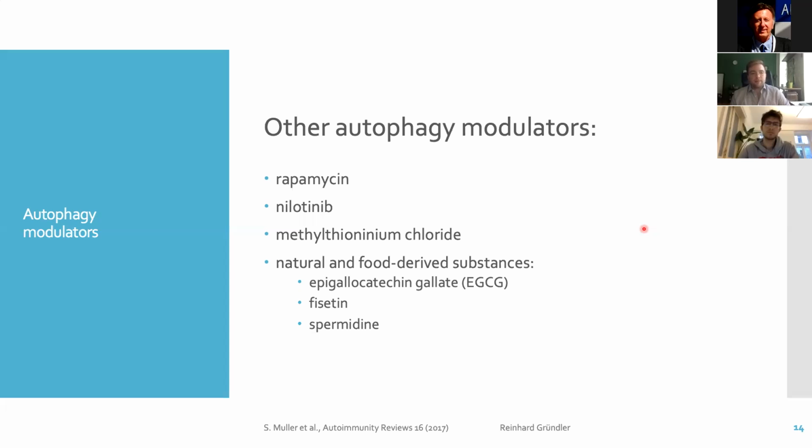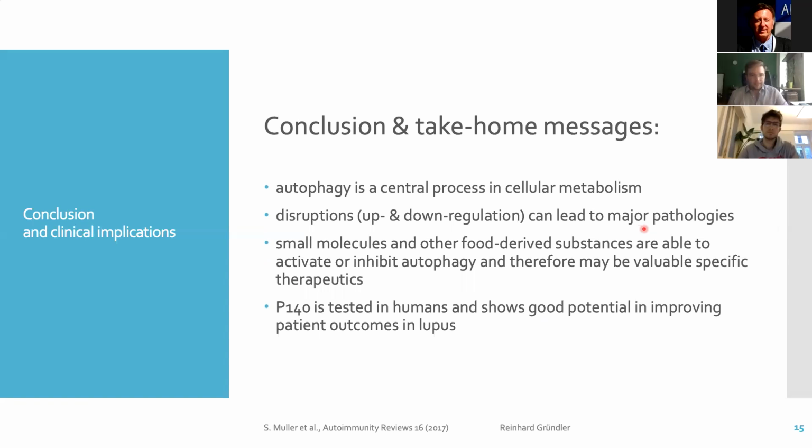And as Dr. Hippe has already told you, there are some natural or food-derived substances which I've also viewed in my diploma thesis that induce autophagy as a whole, like EGCG, fisetin, or spermidine, and the clinical implications may be that they help in preventing diseases where autophagy is involved.